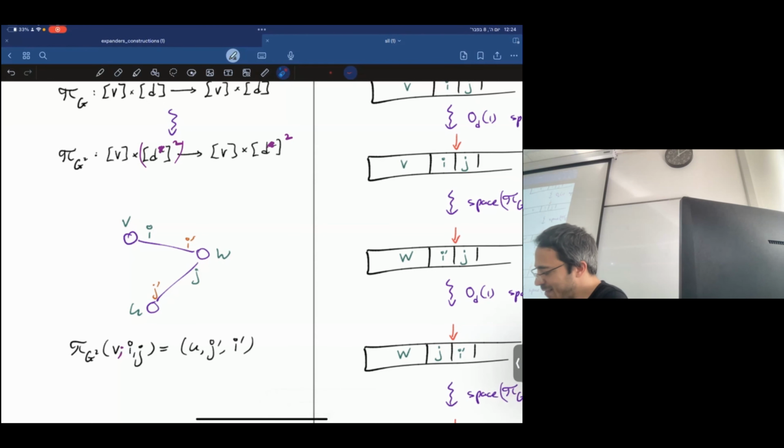And then from w, using j, the second number between 1 and d, you move using pi of G to u. And pi of G also tells you that j prime is the way to go back. So with this picture, what you want to output is u, j prime, i prime. Not i prime, j prime: j prime, i prime, because you want to return like that.